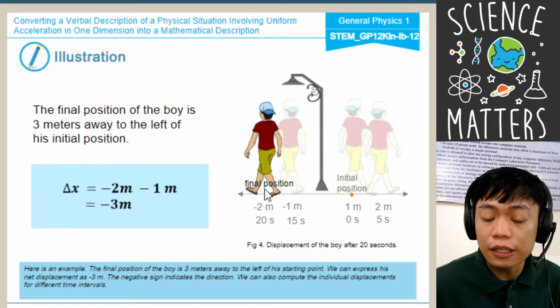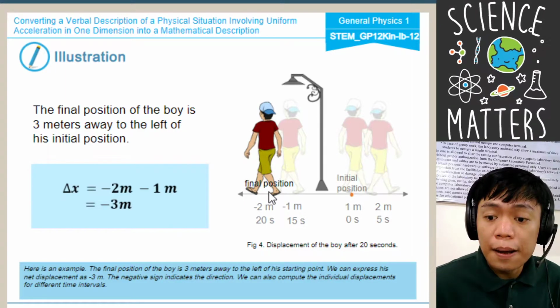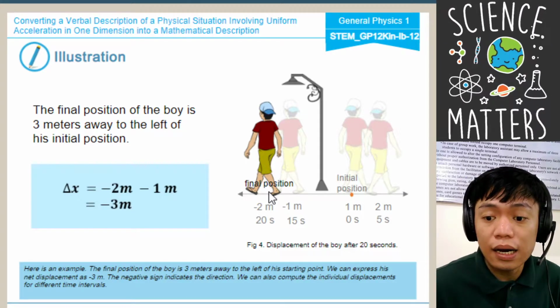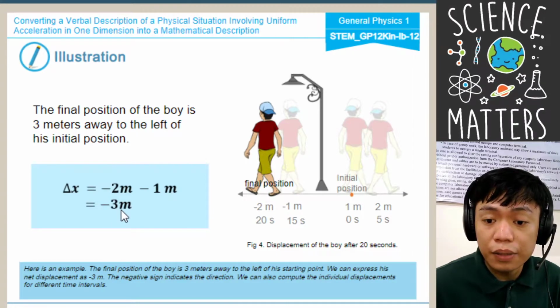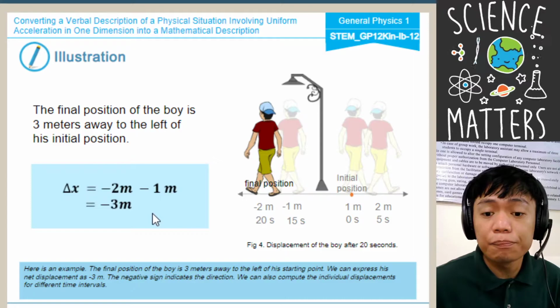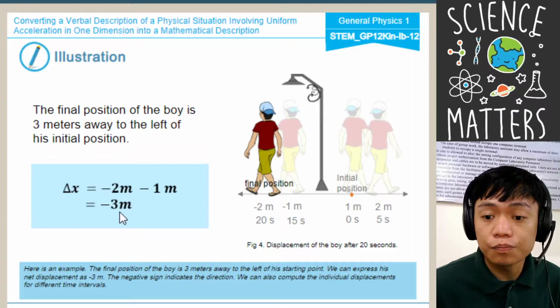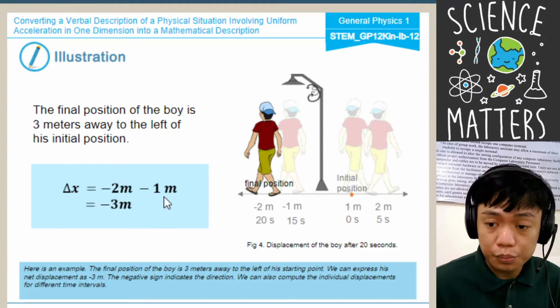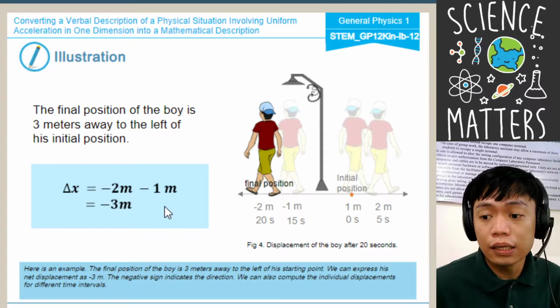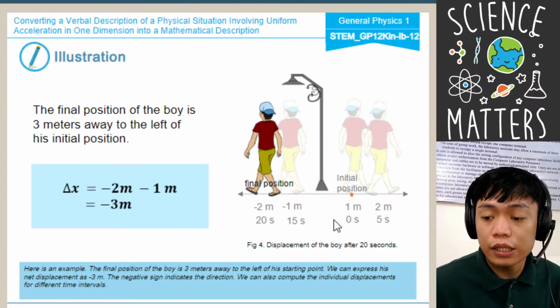Okay? So, basically, negative 2 meters minus 1 meter is equal to negative 3 meters. So the final displacement of the boy is negative 3 meters. And again, the negative sign indicates the path or the movement of the boy going to the left part, with respect to its position.